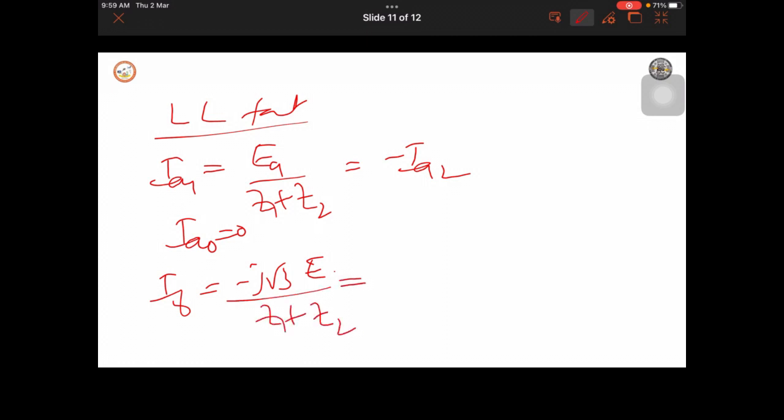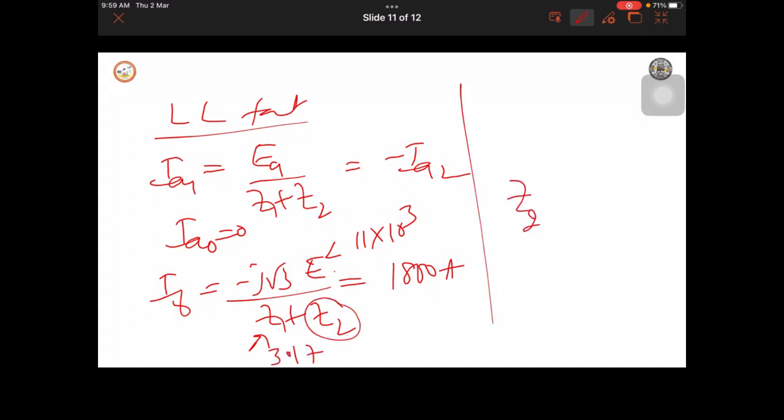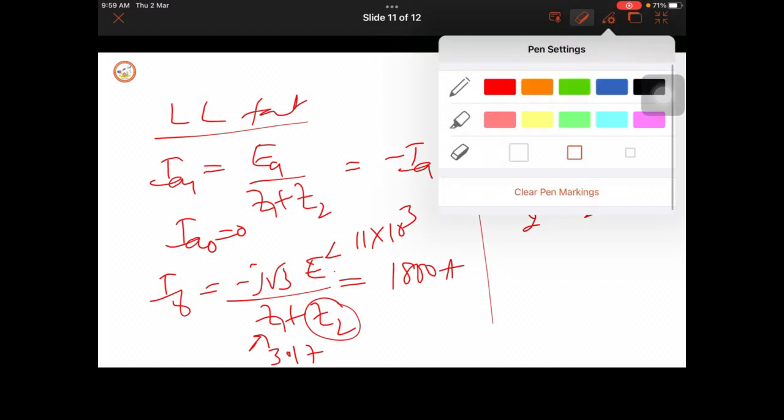Here the line to line fault current of 1800 amps is given. This is 11 kV into 10 to the power of 3. Z1 is 3.17 is given. So the only unknown is Z2. With this you can find Z2. If you neglect the resistance, that is x2, that value you will get as 6.11 ohms.